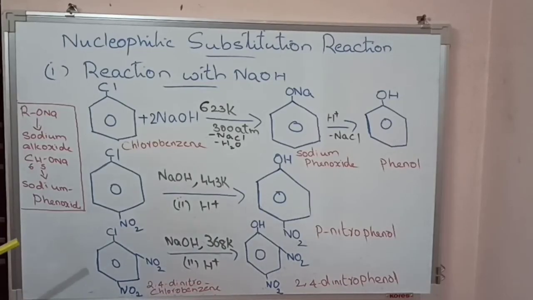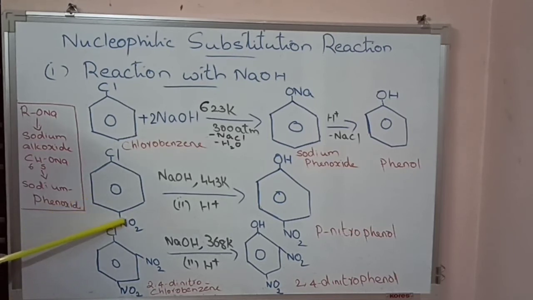Okay. You have learned that if electron withdrawing groups are attached on the benzene ring, then the reactivity of haloarene will be increased. For example, 4-nitrochlorobenzene or para-nitrochlorobenzene, on treating with aqueous NaOH, a temperature of 443 Kelvin is required for this reaction.